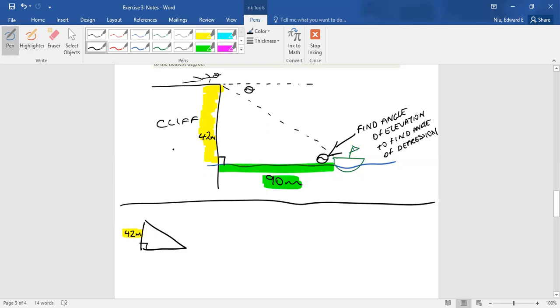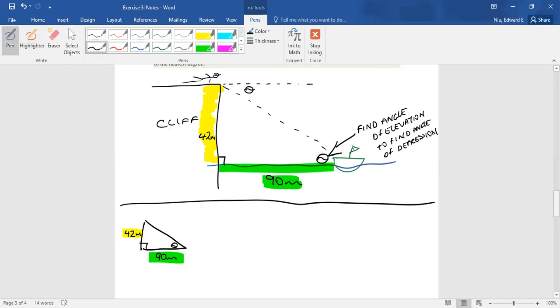So instead, we're finding this theta in the bottom right corner. And I guess our other side is 90 meters. It's not drawn to scale. I probably should have drawn it to scale, but you get the gist. Nothing in maths is to scale.